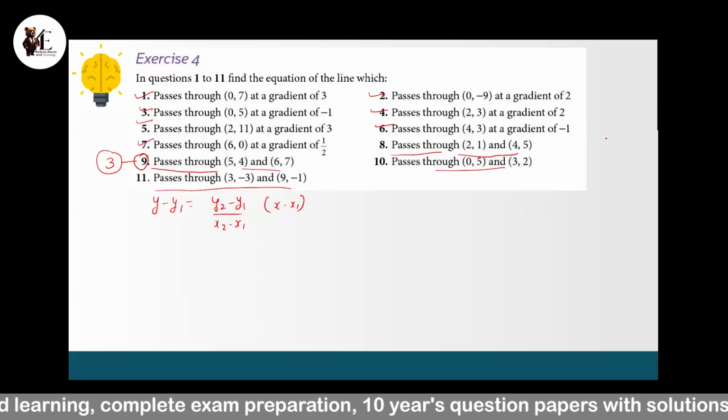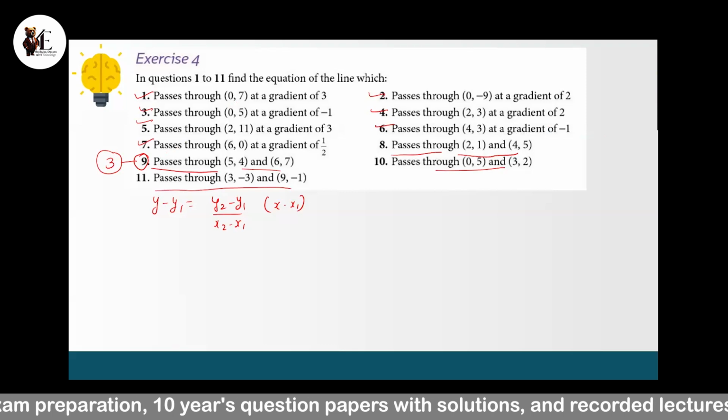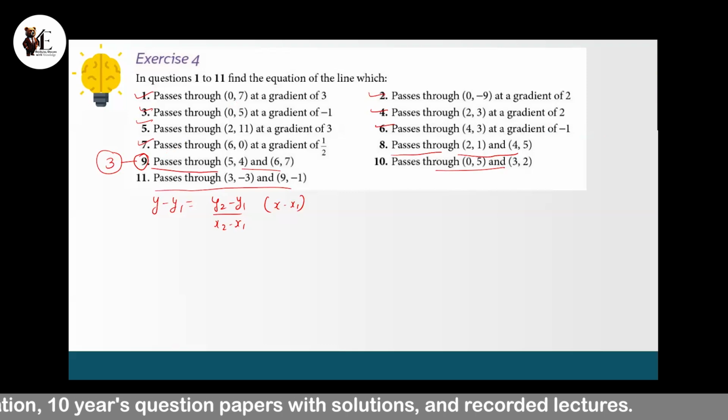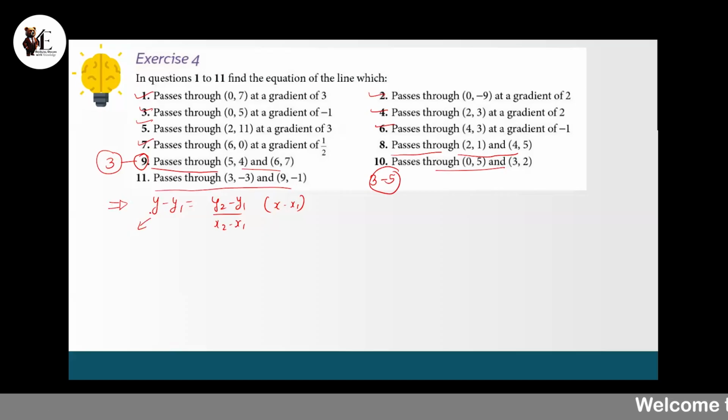So I got 3 minus 5. Yes. Just confirm for me that you have used this formula which I have written? Yes. Okay, so in place of this y, what value have you substituted?